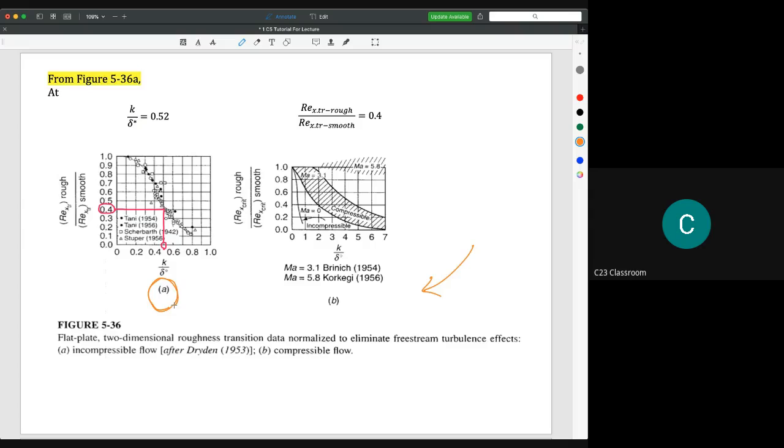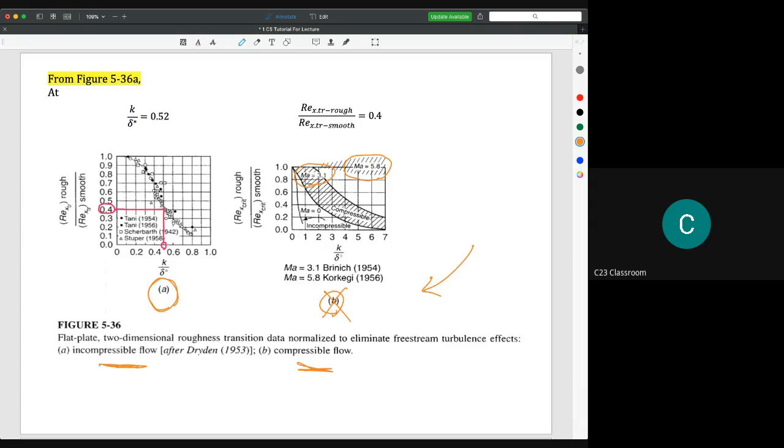This is a flat plate, two-dimensional roughness transition data, normalized to eliminate free stream turbulence effects, for incompressible and also for compressible flow. We neglect the compressible one because we are just focusing on incompressible. For compressible, we need to play around with the Mach number, so it is another big story.